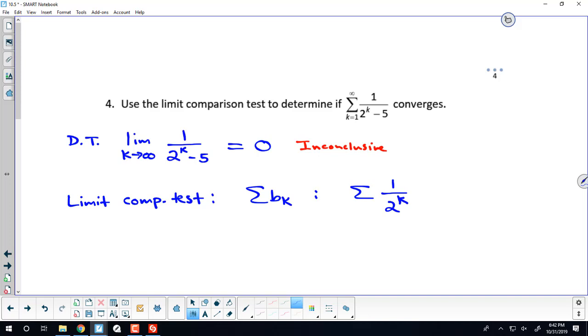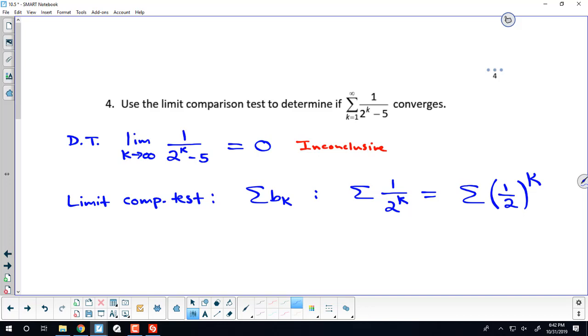What do we know about 1 over 2 to the k? Remember, this is 1 over 2 to the k.